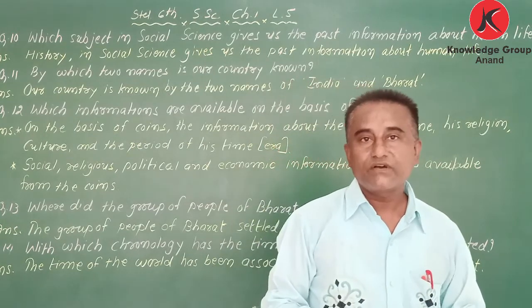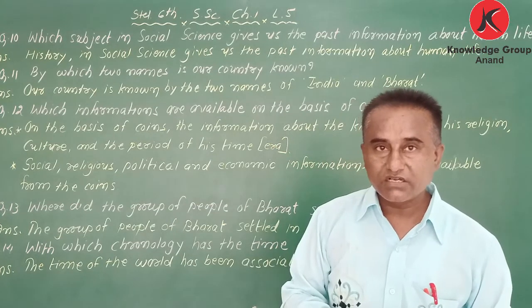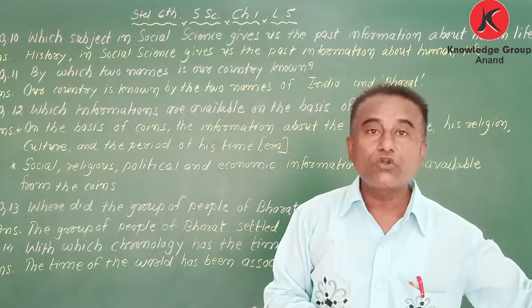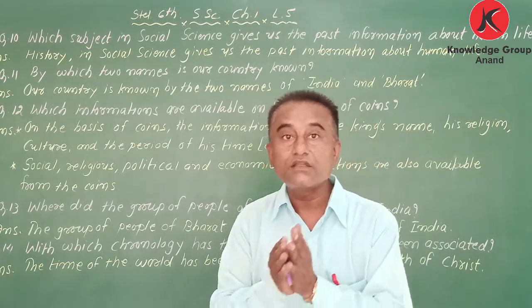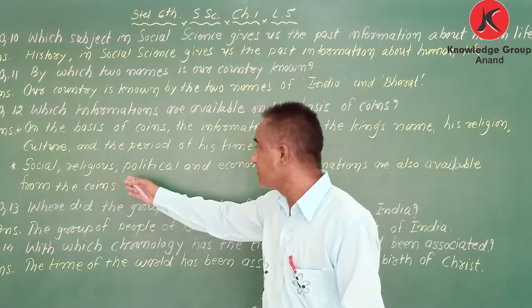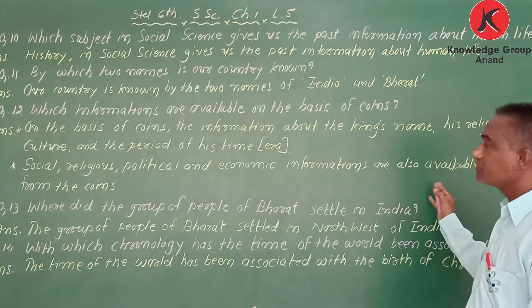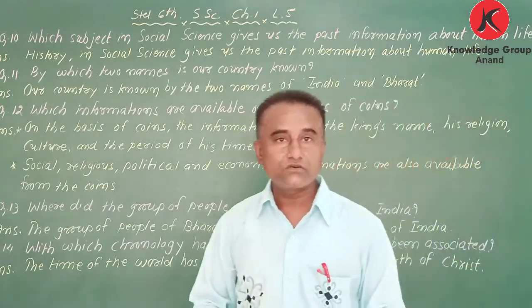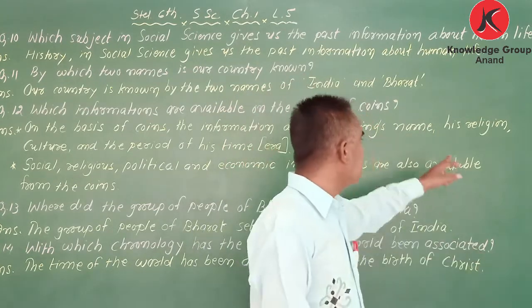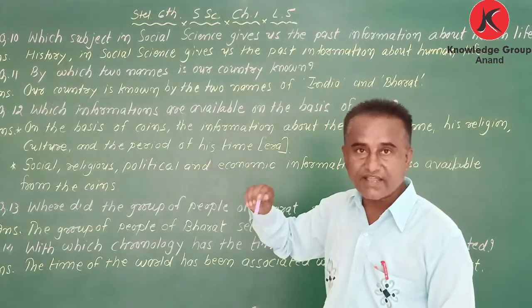So we can get information from coins about the king's name, his religion, culture, and which period he belonged to.